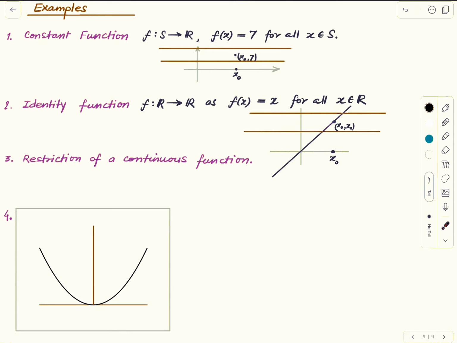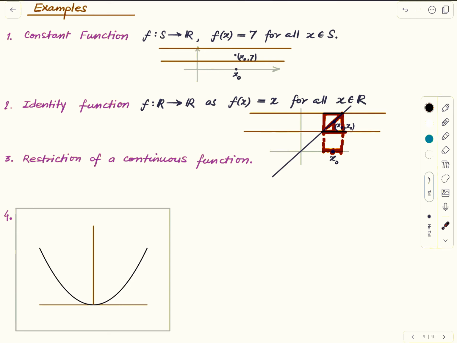Similarly, since this is epsilon, this is also epsilon. If you make this kind of square, the graph above this interval, which is nothing but the delta neighborhood around the point x0, is contained in the epsilon band.